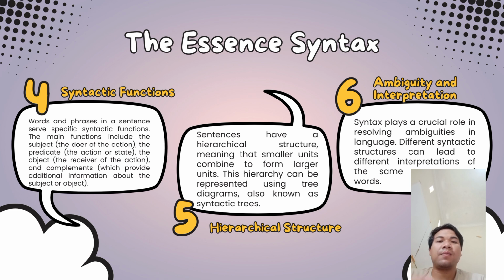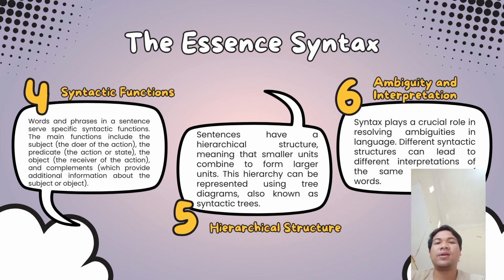This diagram illustrates how words group into phrases, which in turn combine to form clauses and sentences. For example, the sentence "the cat sat on the mat" can be broken down into its constituent parts, showing how the cat forms a noun phrase, sat on the mat forms a verb phrase, and together they make up the complete sentence.